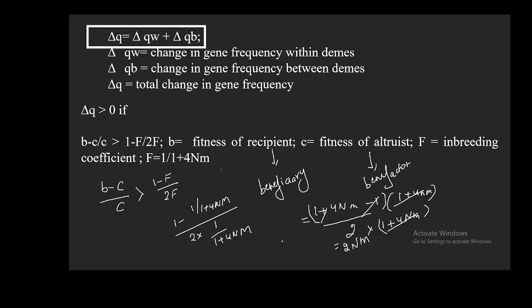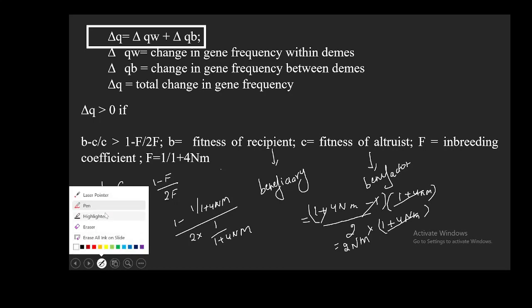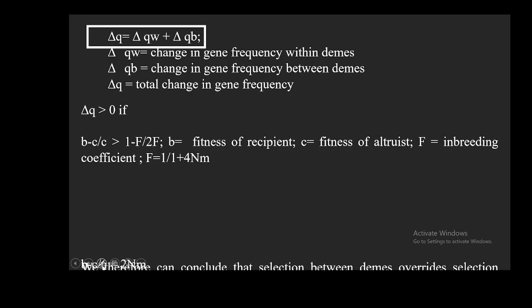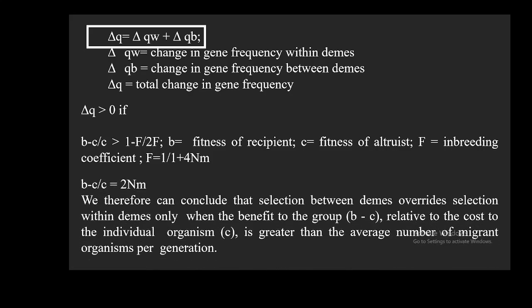So this is the thing which you are going to get here, 2Nm. What is N? N is the effective population, and m is the migration. You can see whenever B minus C by C is more than 2Nm, then there is going to be interdemic selection.